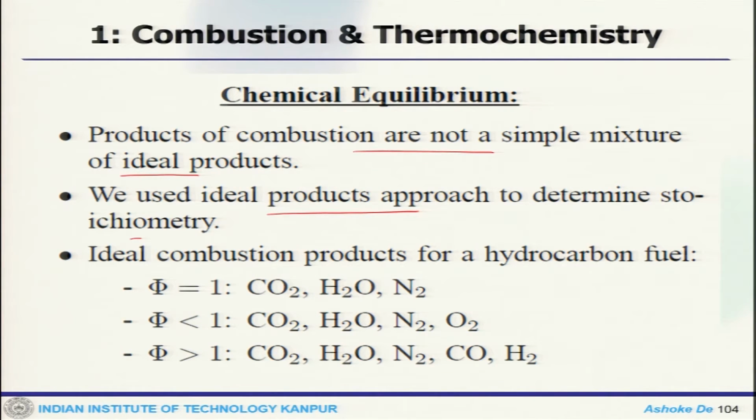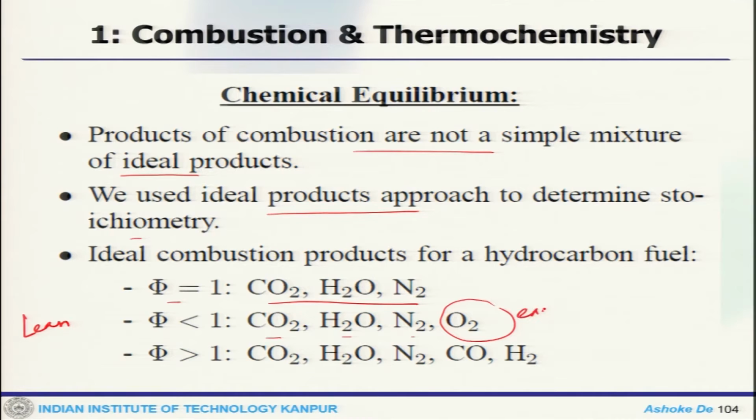So, for example, the ideal combustion product for a hydrocarbon fuel at stoichiometric conditions will be CO2, H2O, N2. If it is lean, you get CO2, H2O, N2, and the excess oxygen, because this is a lean condition.